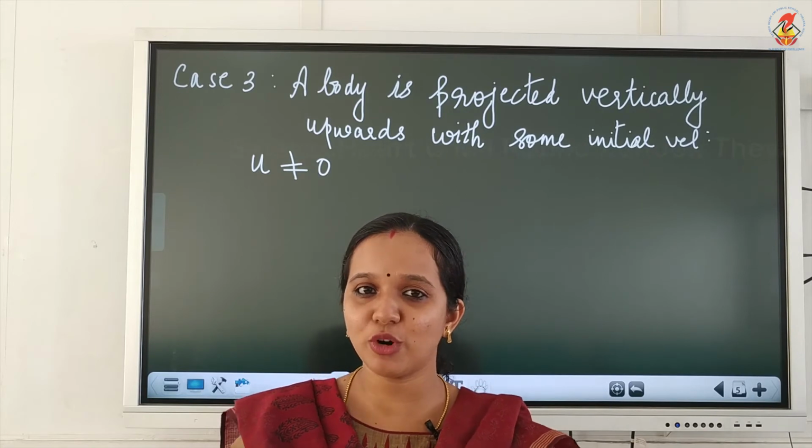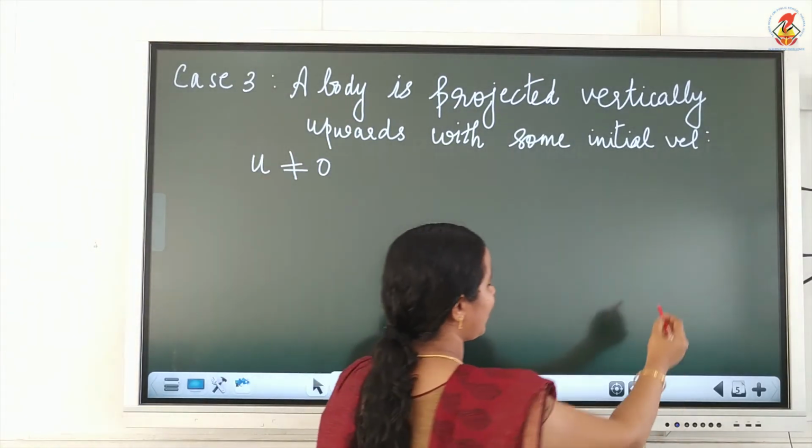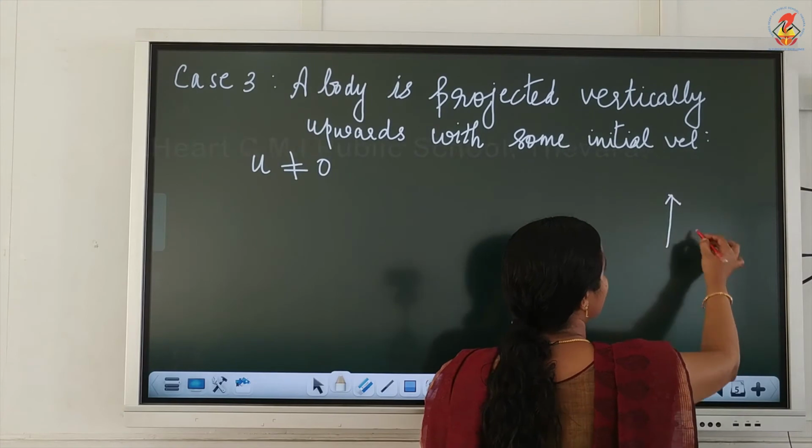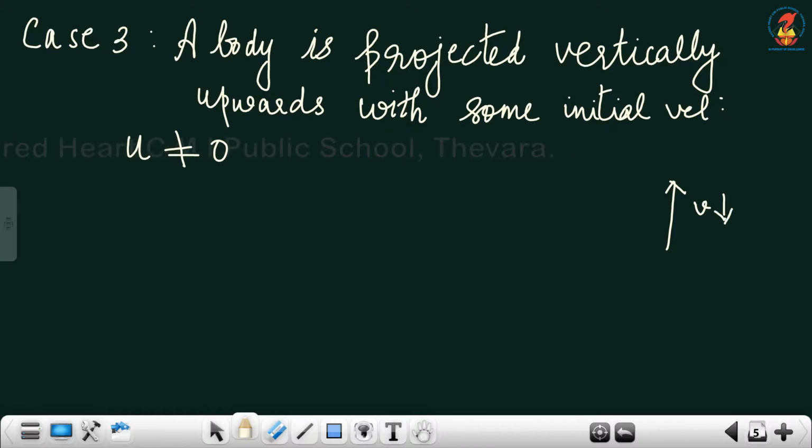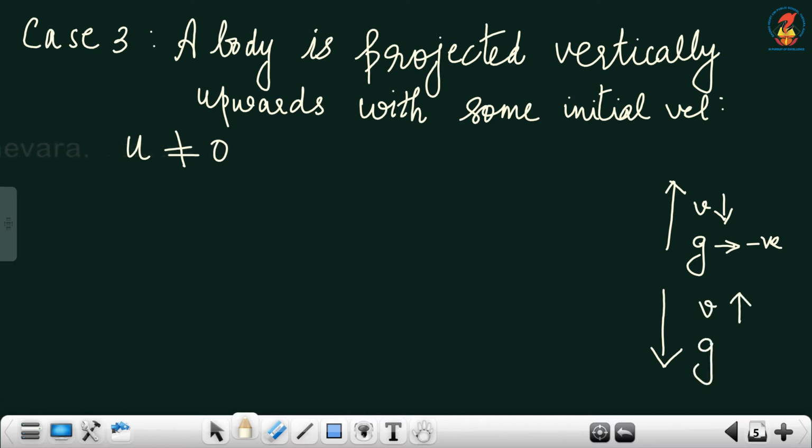When a body moves upwards, its velocity will decrease and acceleration will have a negative sign. When a body moves downwards, its velocity will increase and acceleration due to gravity will have a positive sign. Since the body is under free fall, the acceleration of the body will be equal to acceleration due to gravity.